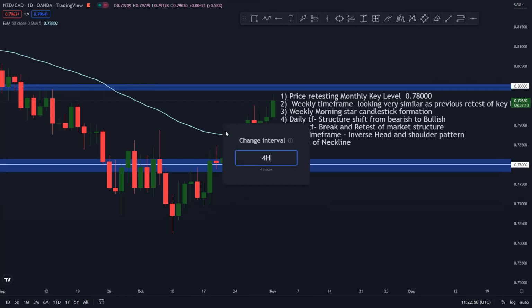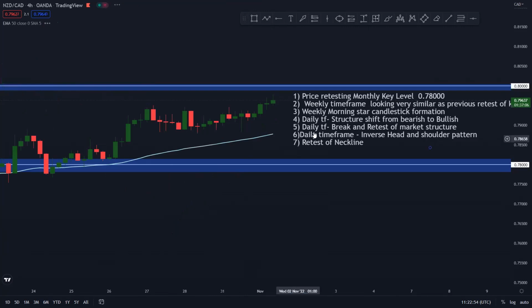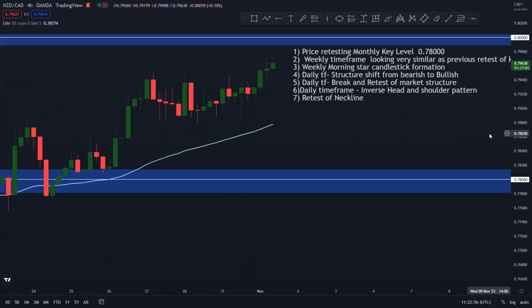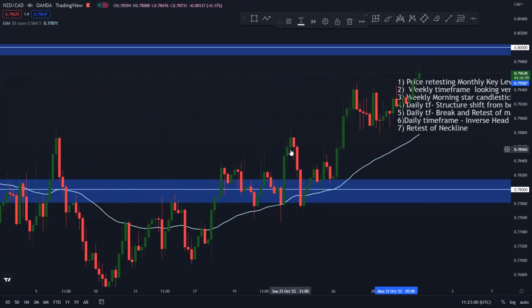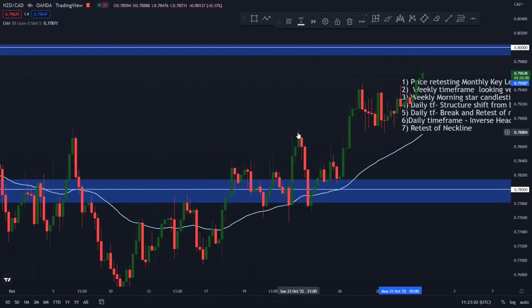Moving down to the 4-hourly time frame from where I had my entry on. Clearly, this is that daily confirmation of structure shifts from bearish to bullish. This movement is that.